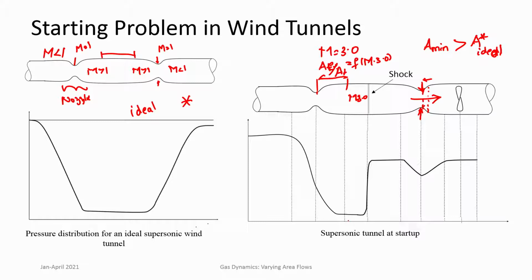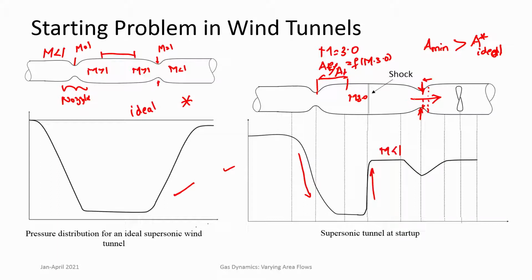So, during startup, if you look at the pressures, this is the pressure distribution for the ideal case where there are no shocks, and this is during startup. You can have a shock at the test section. So, across the nozzle there is a smooth decrease of pressure, but there is a shock at the test section. So, pressure increases. This is subsonic, so Mach number is less than 1.